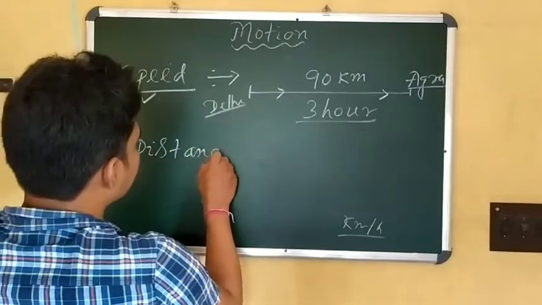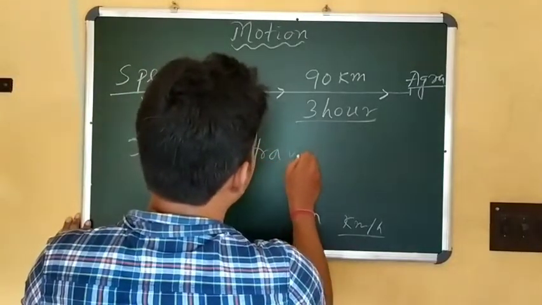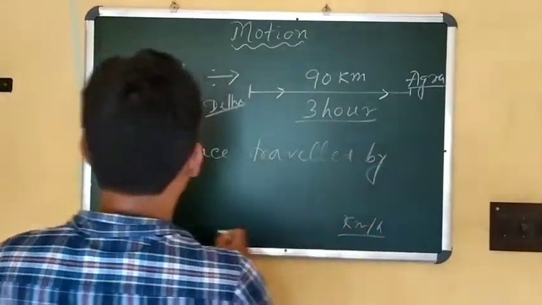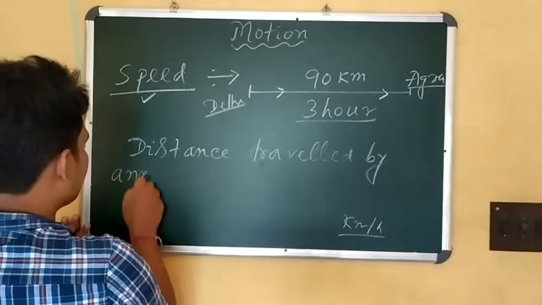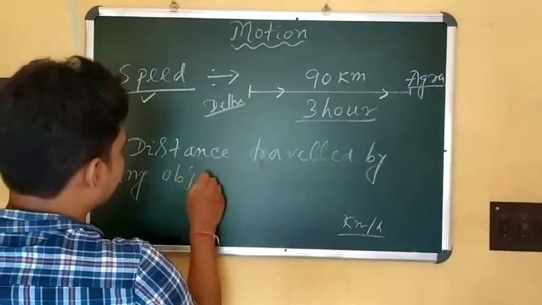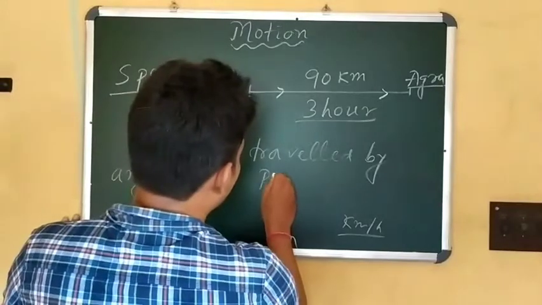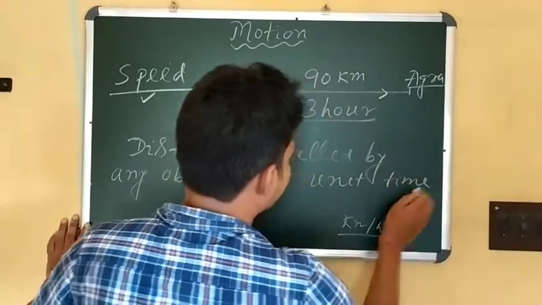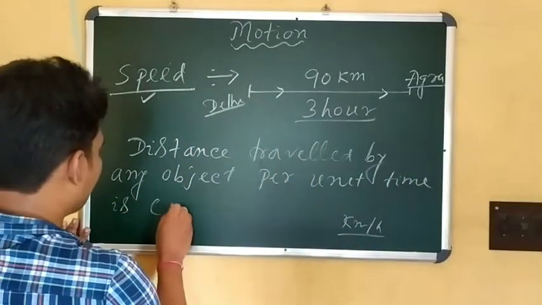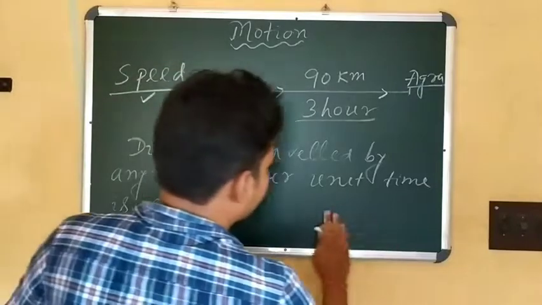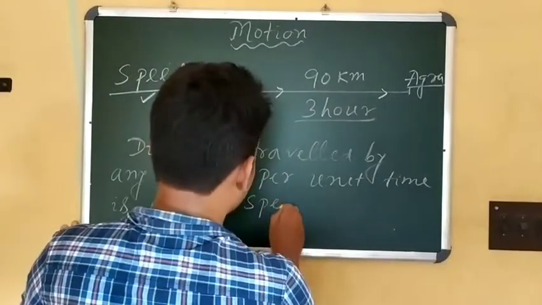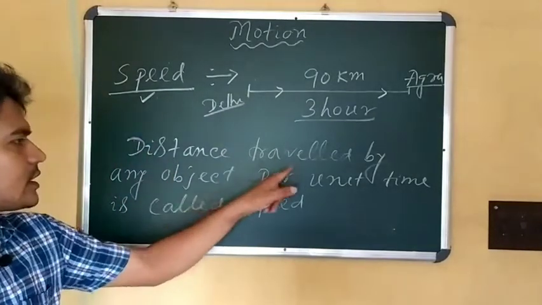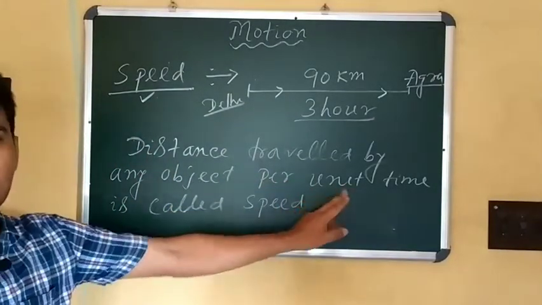Distance traveled by any object per unit time is called speed. You must notice it very carefully. Distance traveled by any object per unit time.